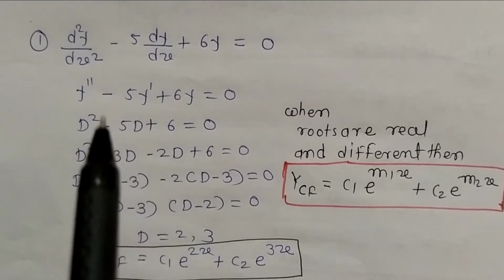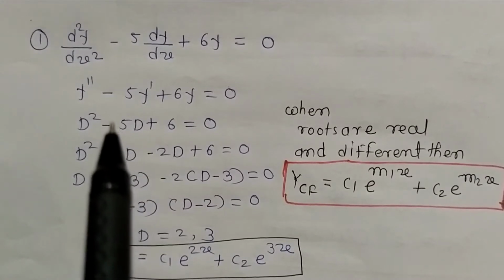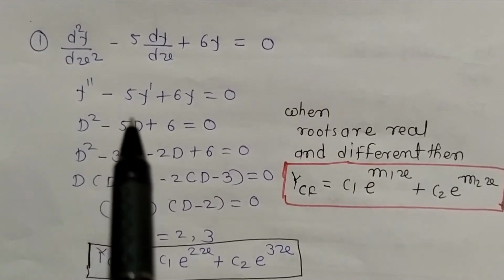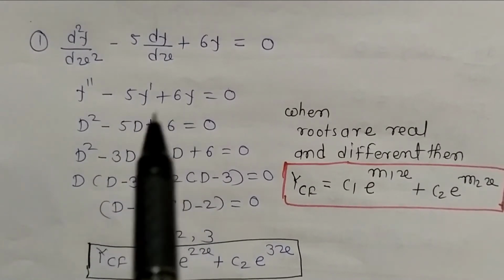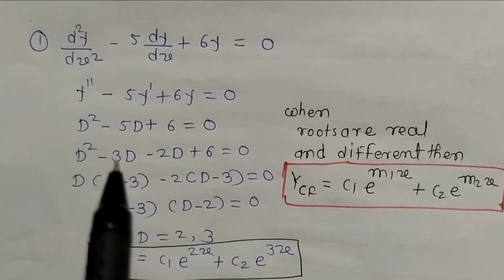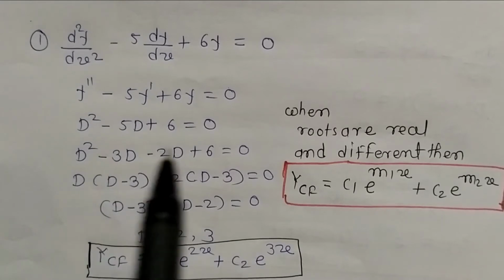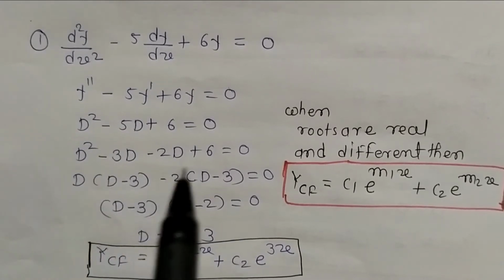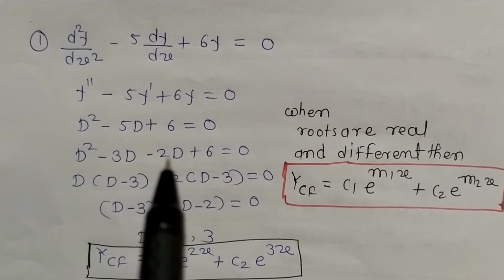Here we find two numbers whose addition is minus 5 and whose multiplication is 6. These two numbers are minus 3 and minus 2: their addition is minus 5 and minus 3 into minus 2 is 6.